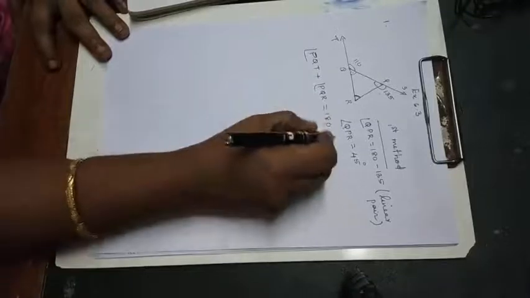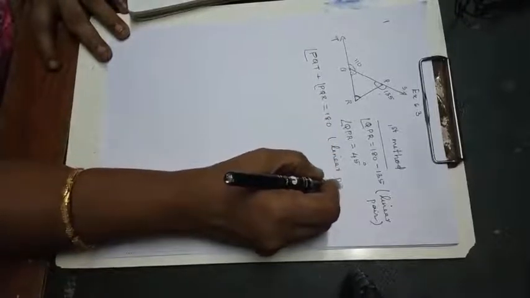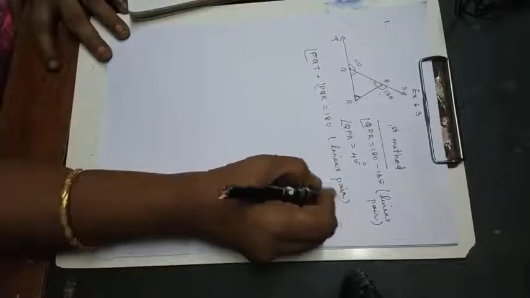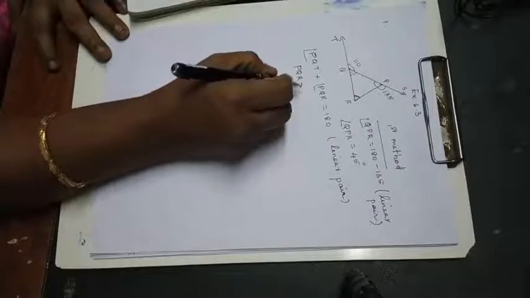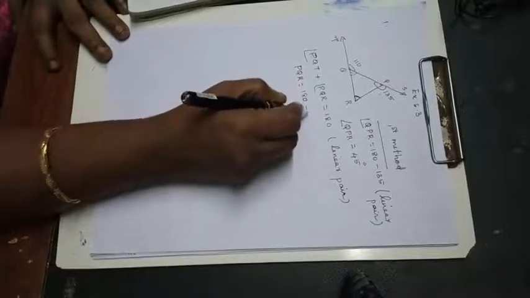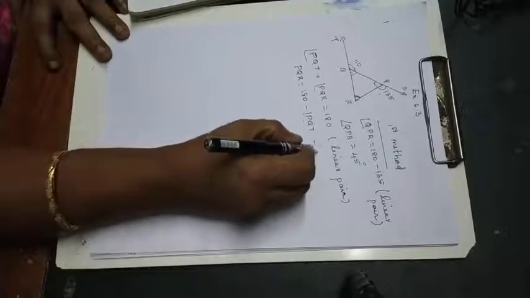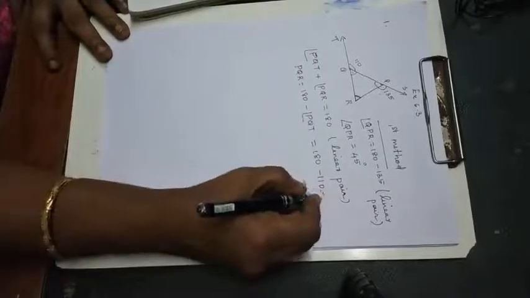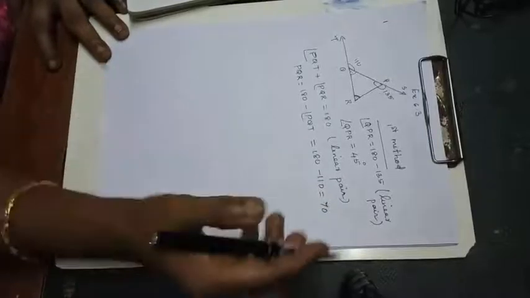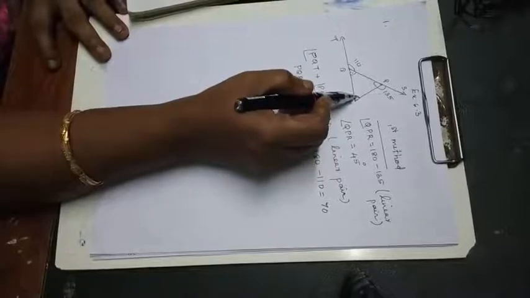Reason same, that is linear pair. So PQR will be equal to 180 minus PQT, or 180 minus 110, that is equal to 70. Now our aim is to find this angle.